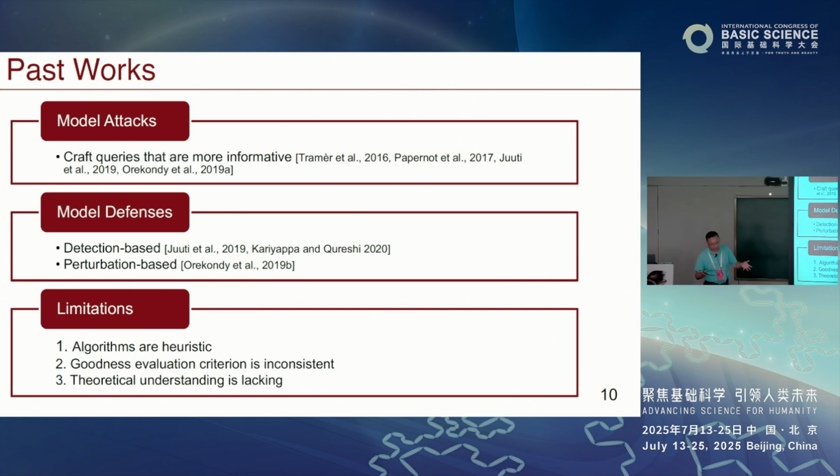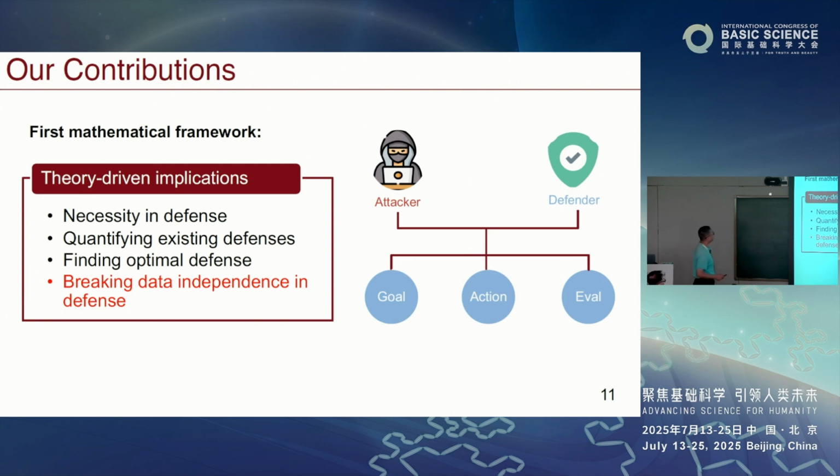So the bottom-line assessment from our angle is that the theoretical setup is still not quite there. That's why we want to put initial effort into this. That's the background. So we want to provide a mathematical framework to understand model privacy.